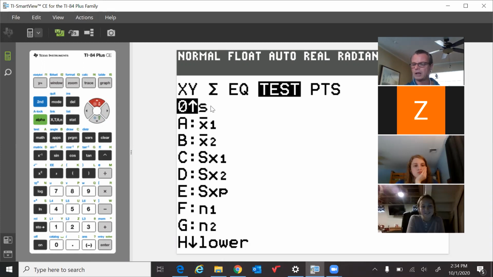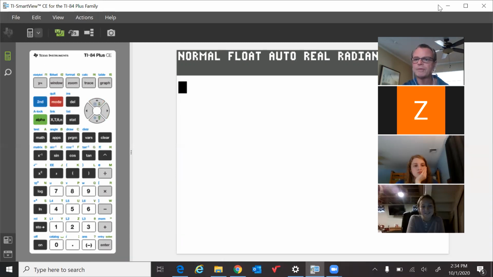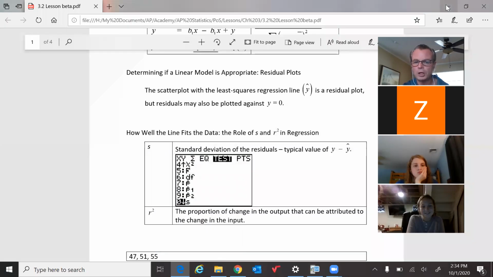Now, I don't know how often you have to find it, but the point is if you do linear regression, most of the time you'd be given a value for S and then asked to interpret it. That's more important. But here's where you find it. Every time you do linear regression, a new value gets pasted there until you do it again. So on the PDF, you can come back here and it's showing you where it is.